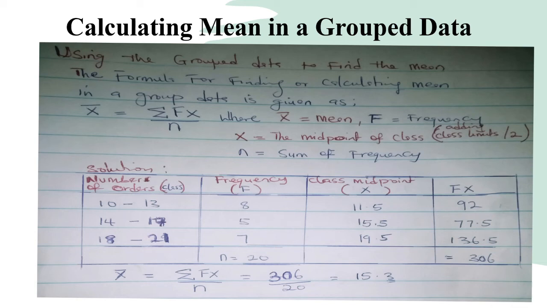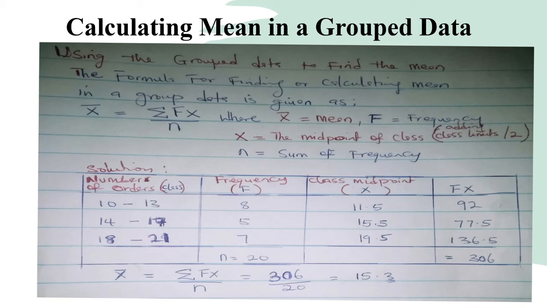Then we get our frequency times our midpoint, f times x: 8 times 11.5 is 92, 5 times 15.5 is 77.5, and 7 times 19.5 is 136.5. Our total summation for fx is 306. So we divide 306 by 20 as given in the formula, and our answer is 15.3.